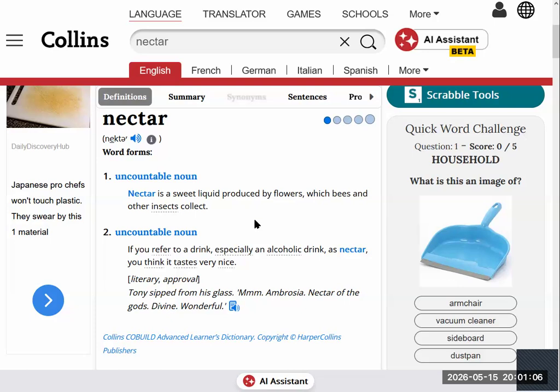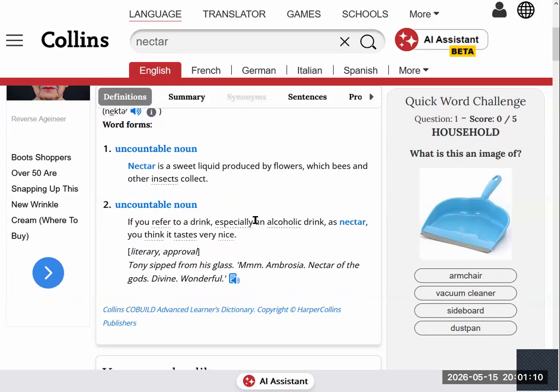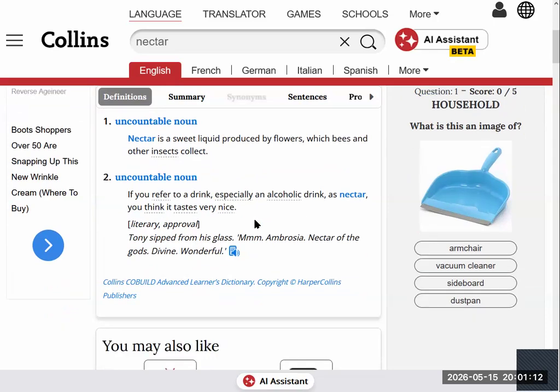From nectar, bees are able to produce honey.